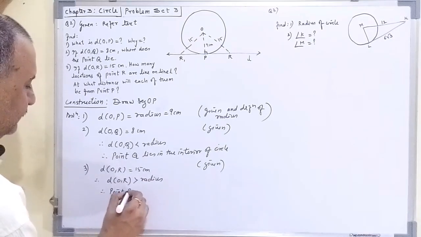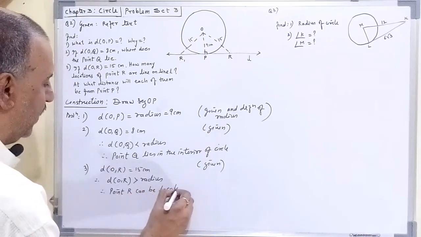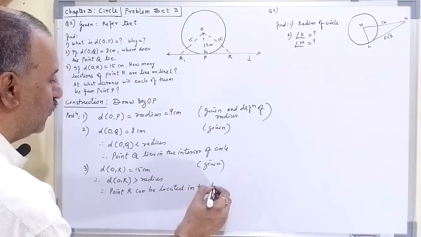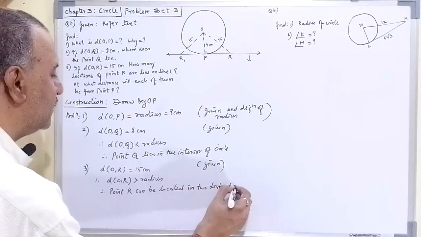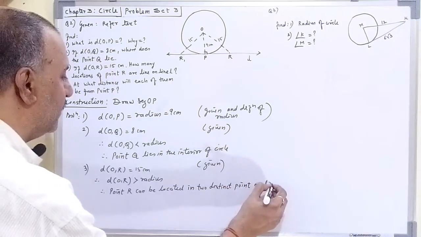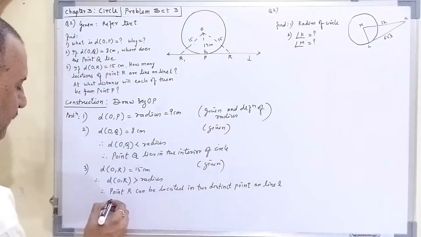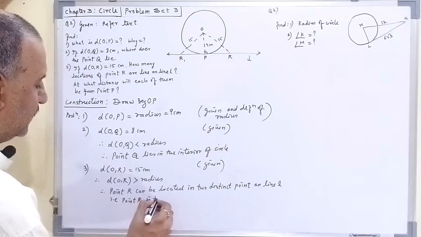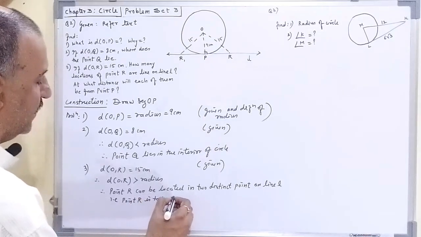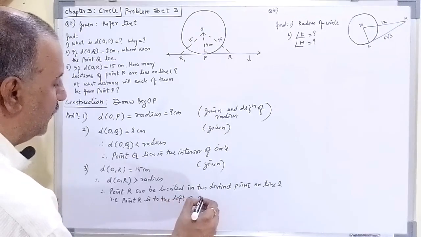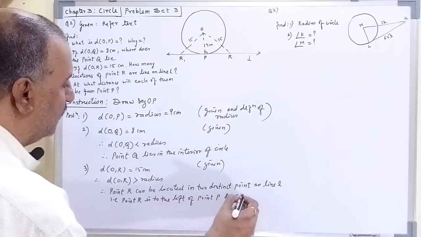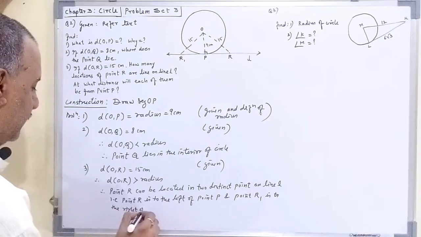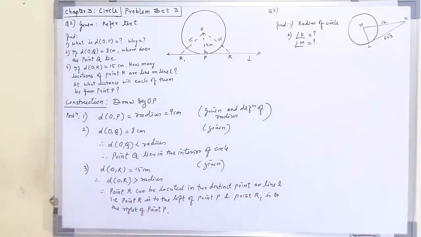Therefore, point R can be located in two distinct points on line L. That is, point R is to the left of point P, and point R dash is to the right of point P. Point P is the reference point.